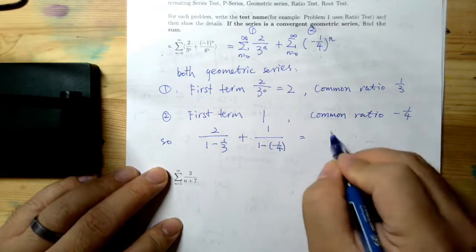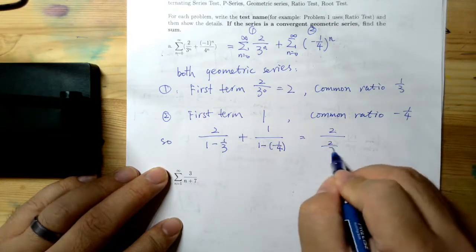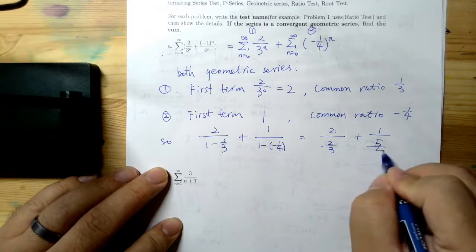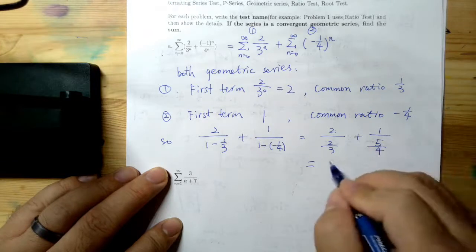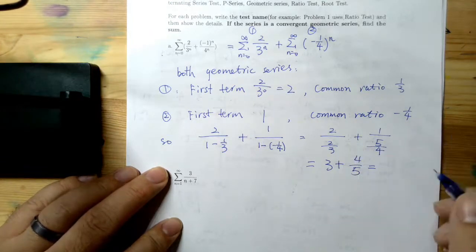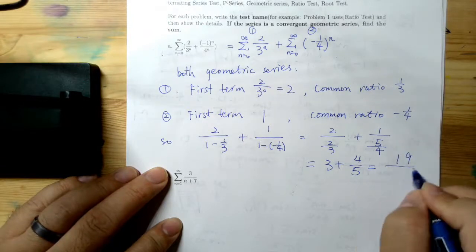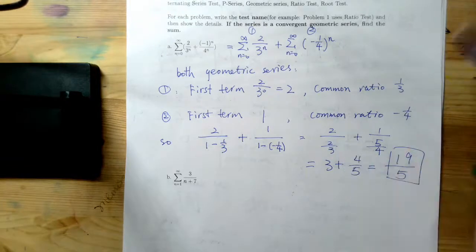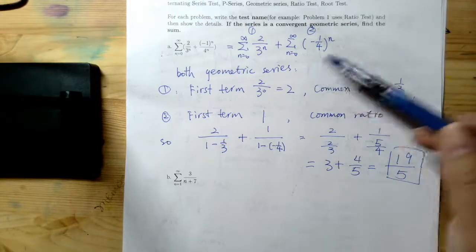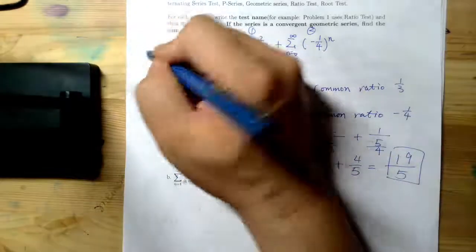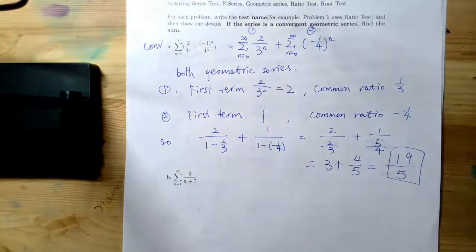So I have 2 over 2 over 3 plus 1 over 5 over 4, which is 3 plus 4 over 5. If you simplify that, you get 19 over 5. Of course, both series converge, and for sure this series converges.